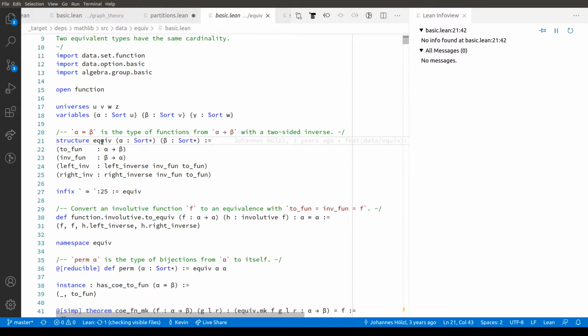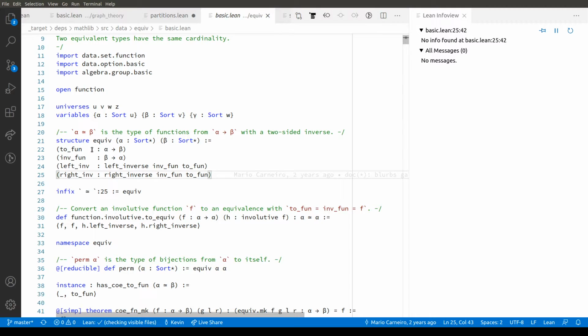To give an equiv from alpha to beta is to give a function f from alpha to beta, a function g from beta to alpha, and then a proof that g is the left inverse of f, and a proof that g is the right inverse of f. So in other words, it's to give two functions, one from alpha to beta, one from beta to alpha, and then the proof that they're inverse bijections.